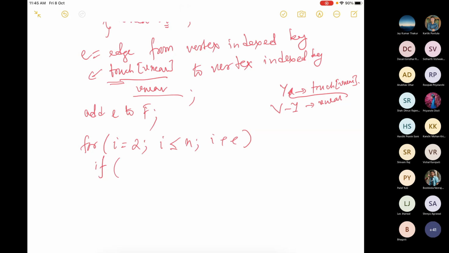Length of vnear plus W of vnear, comma I, the edge from vnear to I. This should be less than the direct length I.